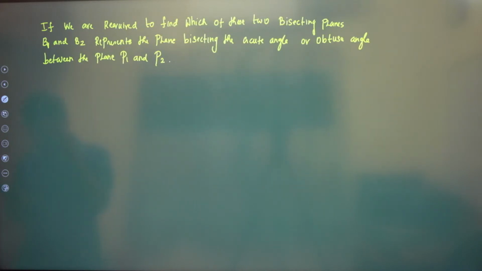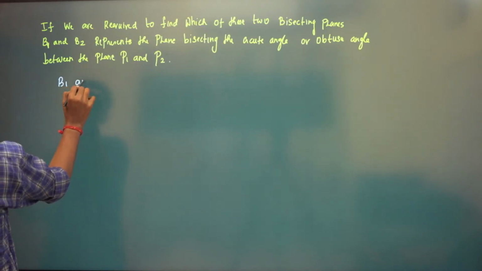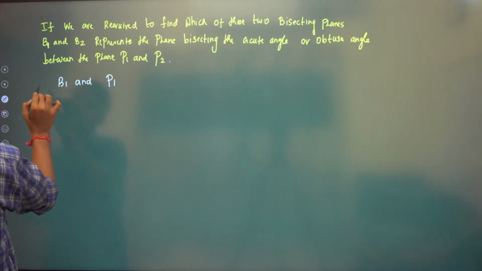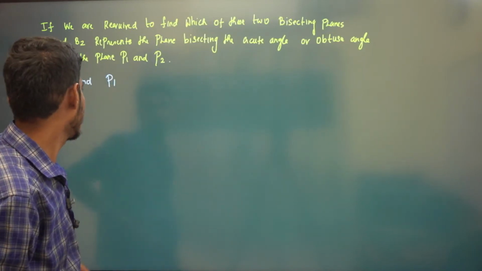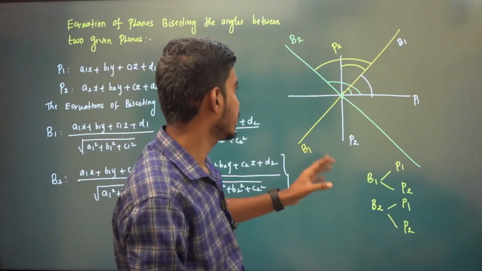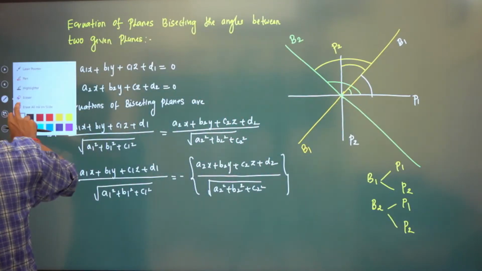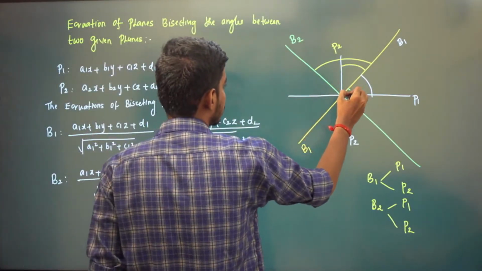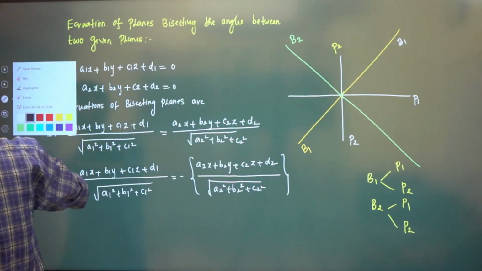So to find the acute angle, for example, let us take B1 and P1, right? I'll give an example and then we will do problems. So I'll erase all these angles. So we have P1, right?